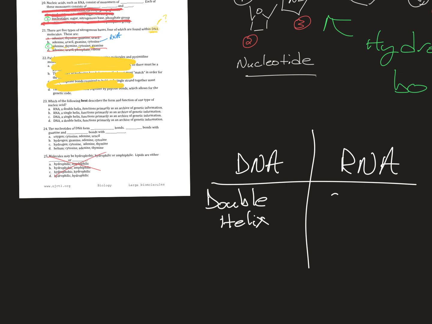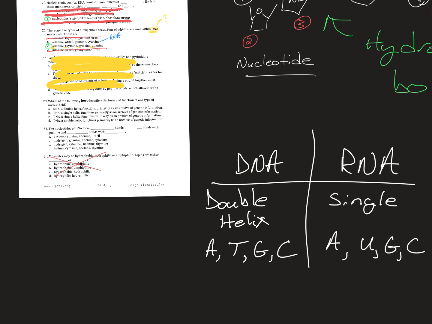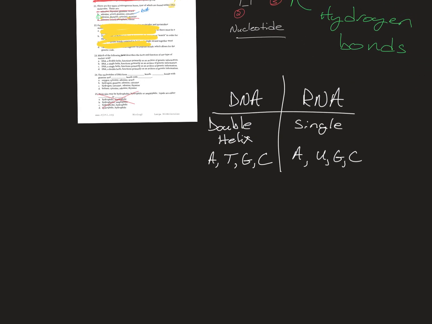RNA is single-stranded. DNA has A, T, G, and C. RNA has A, U, G, and C. DNA has deoxyribose sugar. RNA has ribose sugar.